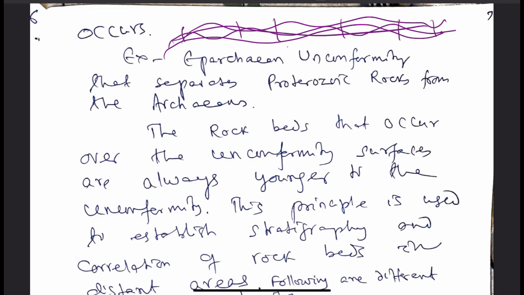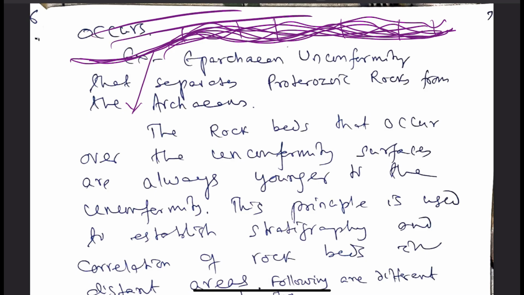Thus, the surface that develops over the earth's surface is an erosional surface, or a surface of no deposition for a period of time. That's why this erosion surface represents a time gap, and subsequently over it deposition takes place.